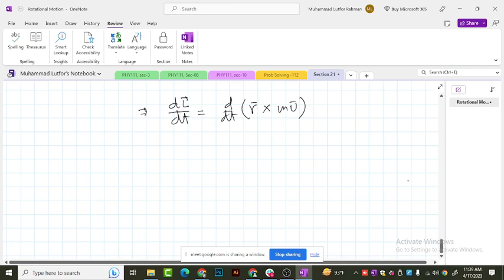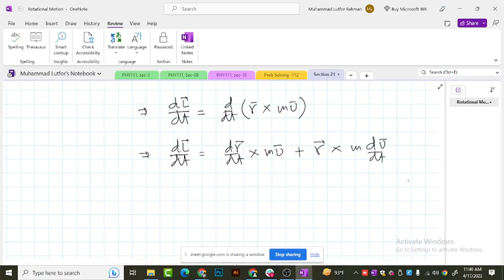First I will take dr over dt, keeping the second function intact, plus the second time I will take the derivative of the second function keeping the first function intact, which is r over here. So m is a constant, I will factor it out, it should be dv over dt, right? Alright, so then what I'm going to write is dL over dt.